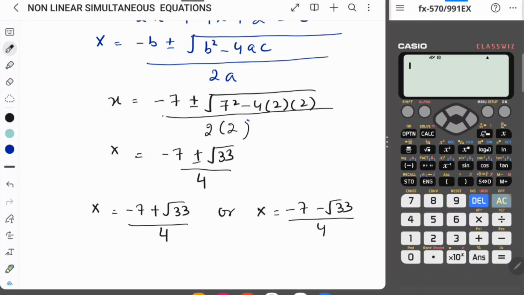Alright, so just find out minus 7 plus square root 33 upon 4. That is the first answer. Minus 0.3138, which is approximately minus 0.314.